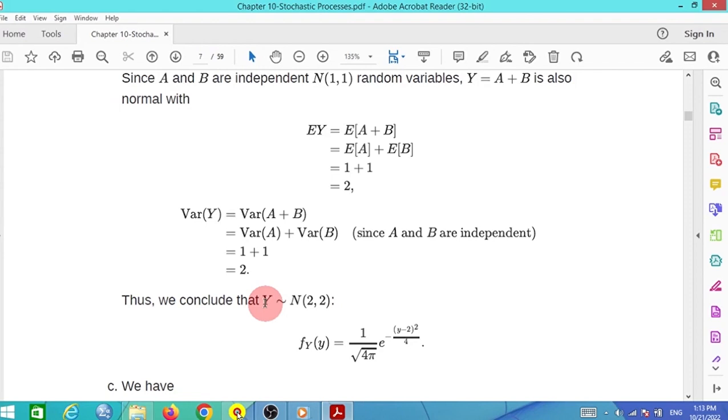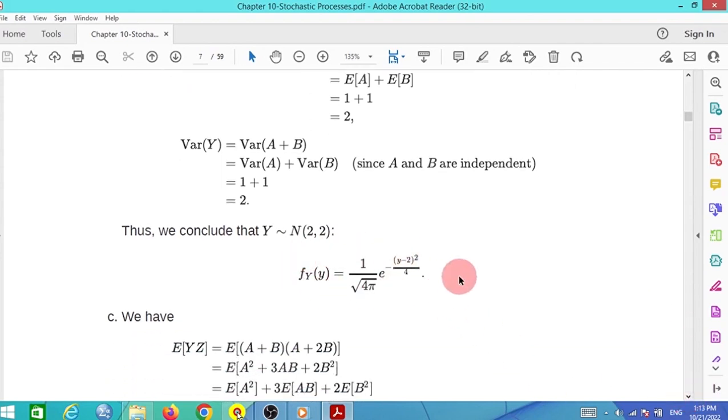So we must only calculate the expected value and variance. The result: Y is normal with mean 2 and variance 2. The density function of X(1) is this, normal with mean 2 and variance 2. Come back to the previous chapter and study the normal distribution.